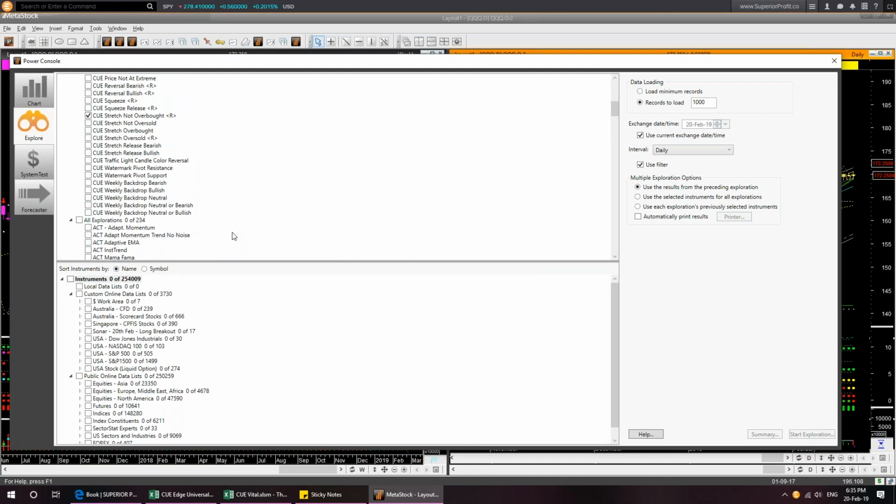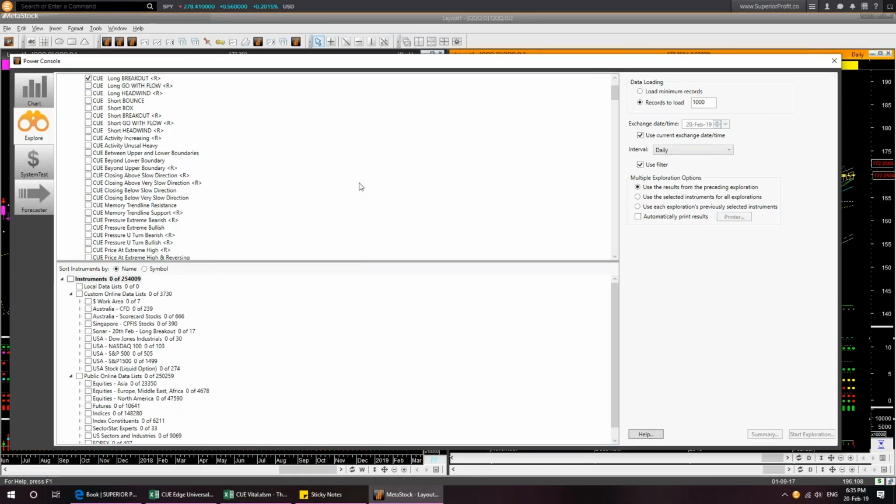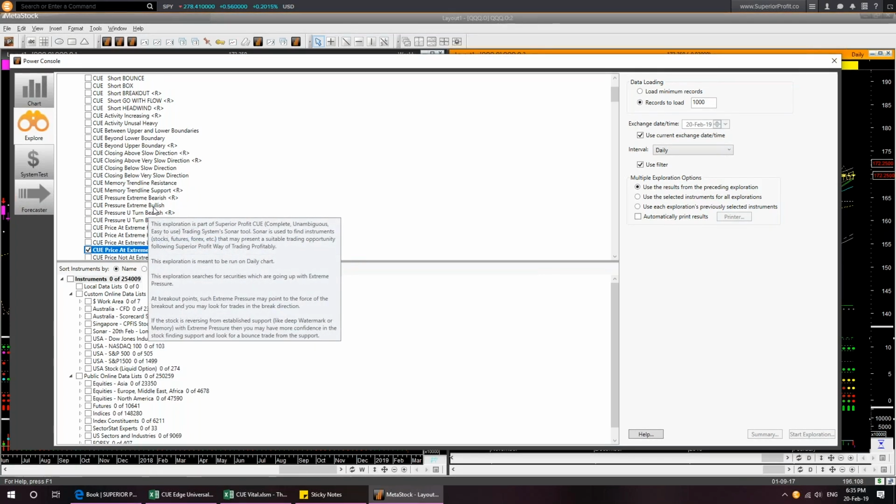We could add the scan for activity unusually heavy or activity increasing. However, you have even more efficient way, more stringent condition that you can apply by using the pressure extreme bullish.